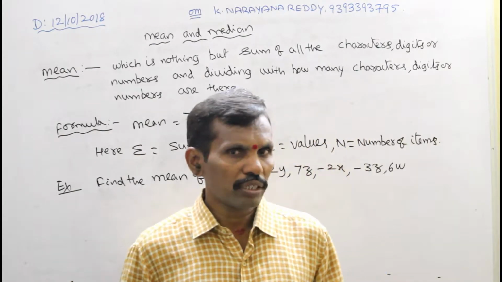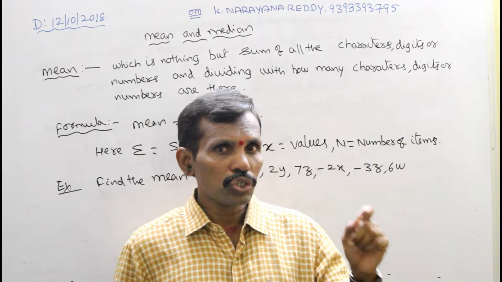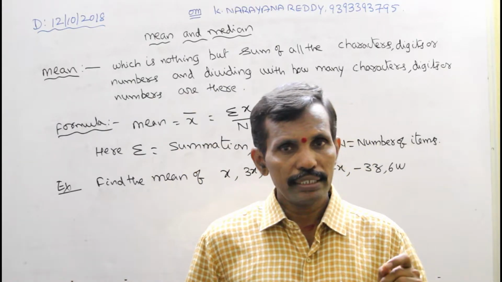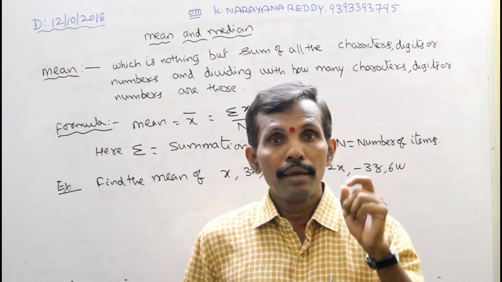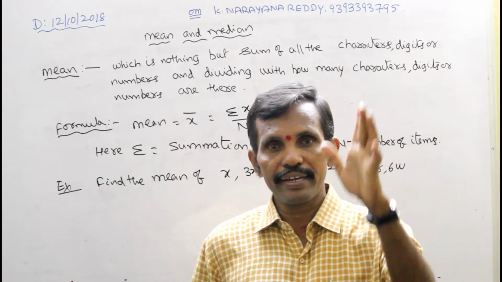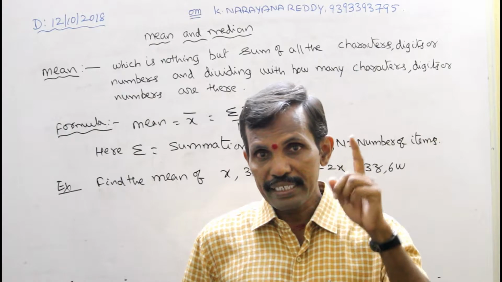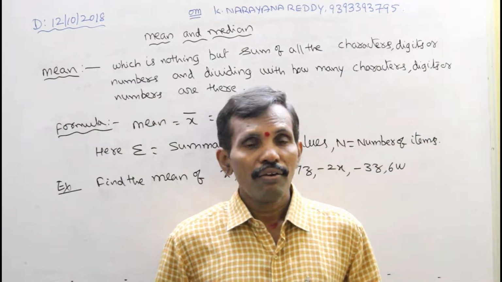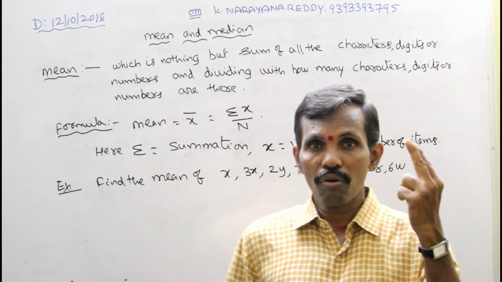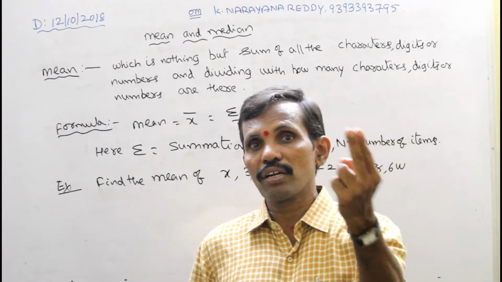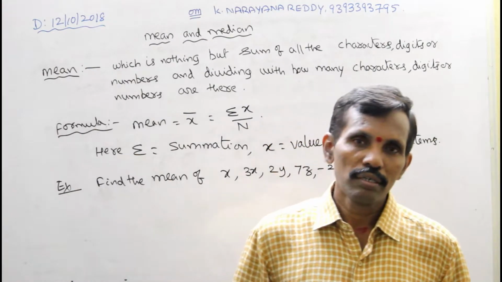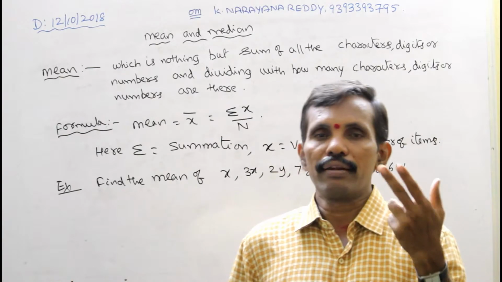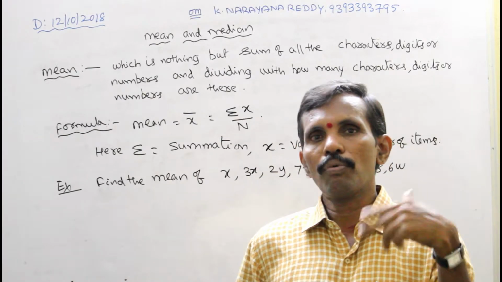Take digits. What are digits? 0 to 9 are called digits. 0 is a digit, 1 is a digit, the maximum digit is 9. 10 is not a digit, it is a number, because whenever there is a combination of two digits, that is called a number. So characters are alphabets, digits are 0 to 9, and numbers are 10 or above.